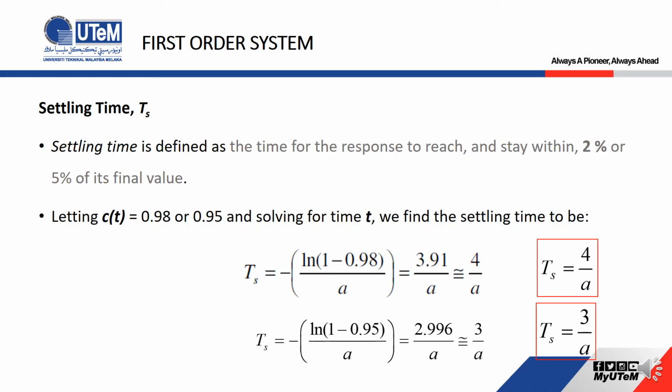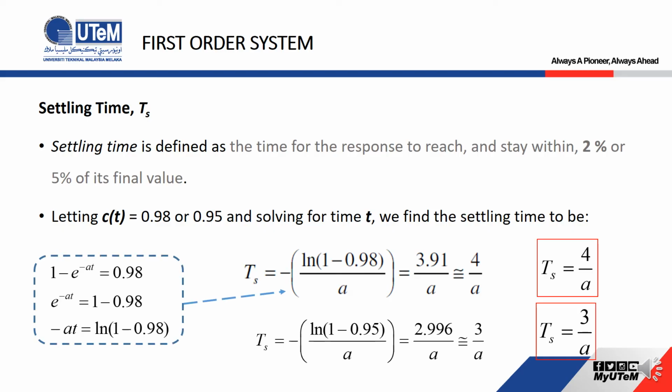The formula for settling time can be obtained by letting the output response of the first order system equal 0.98 or 0.95, depending on which criterion we choose. If we choose the 2% criterion, we put 0.98.